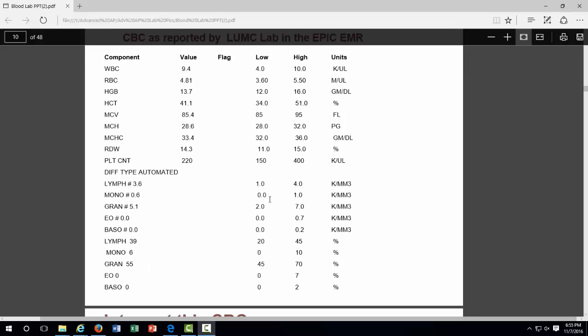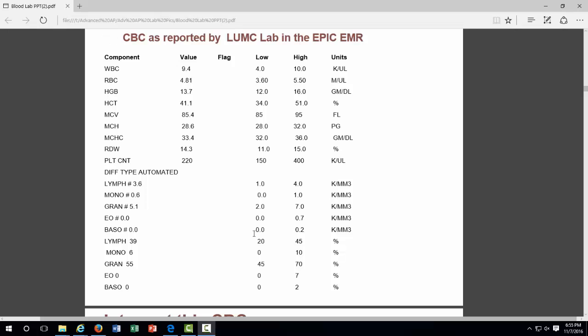Nope. And again, we don't have to analyze these, but the numbers are in your packet on number 5 for the differential. But this would be a differential here, right? Because it's telling us the different percentages of the different white blood cells. And if you look and compare, those are normal. So this is a normal CBC.